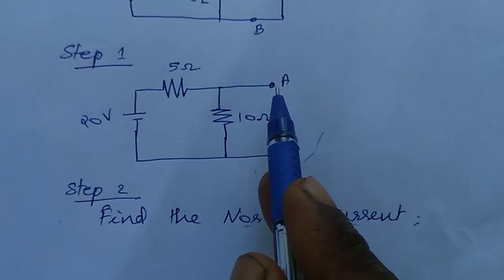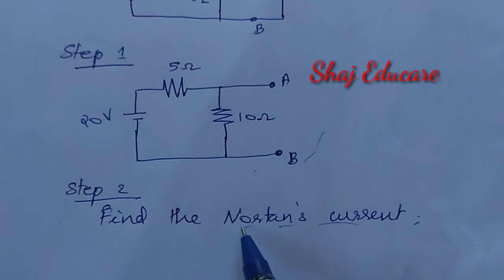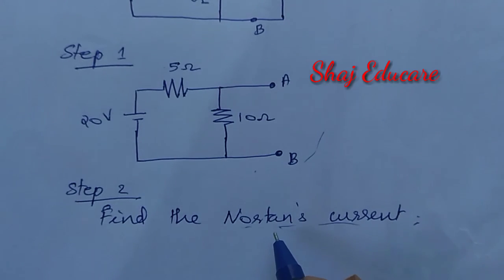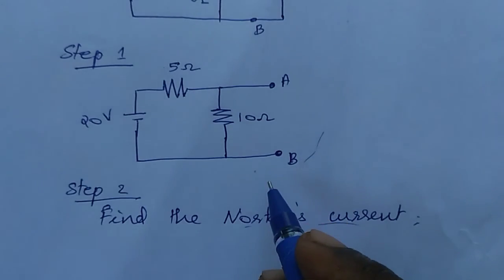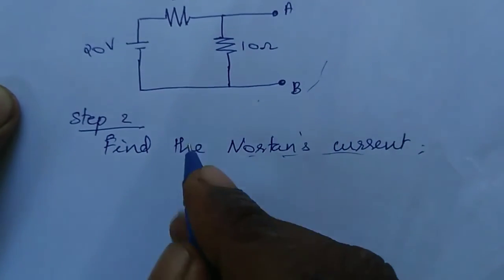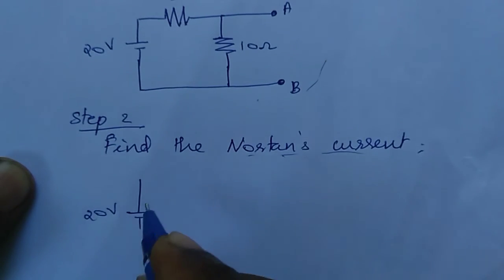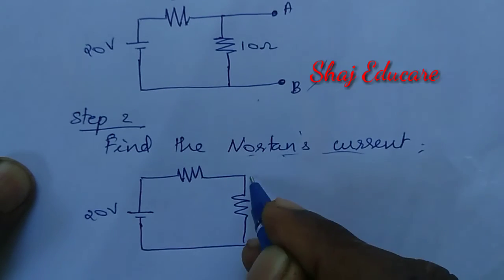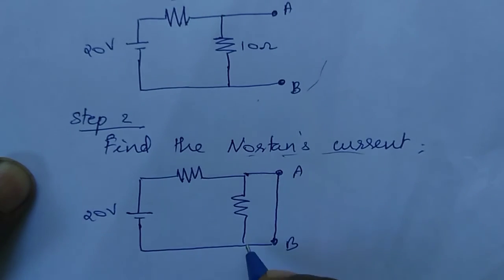For that purpose, we have to short circuit the terminals. Why are we going to short circuit? Because we know that Norton's current is the short circuit current between the points A and B. So we are going to short circuit this. Then the new circuit will be the 20 volt source, 5 ohm resistance, 10 ohm resistance, then A and B, then the short circuit.